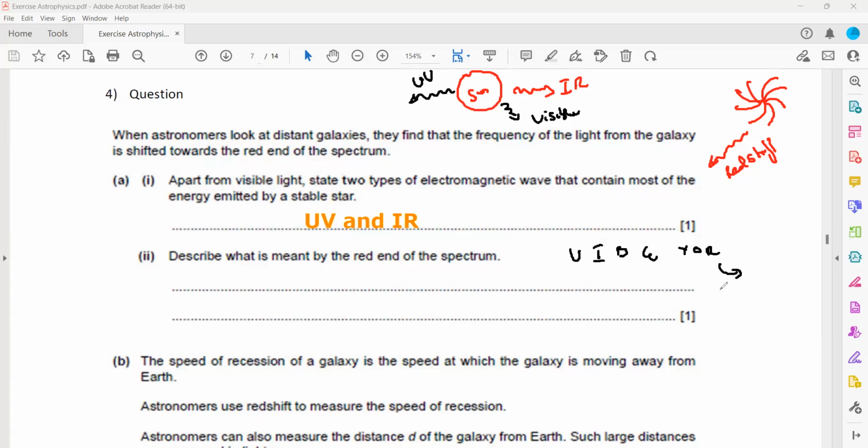The waves of red have a longer wavelength, denoted by the Greek letter lambda, and a low frequency. Violet has a short wavelength, and the frequency, the number of waves, will be high.